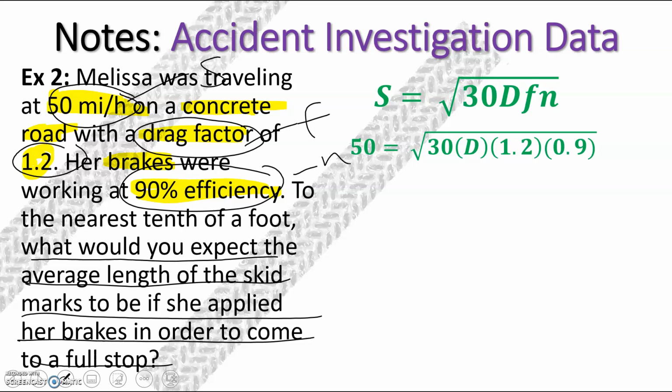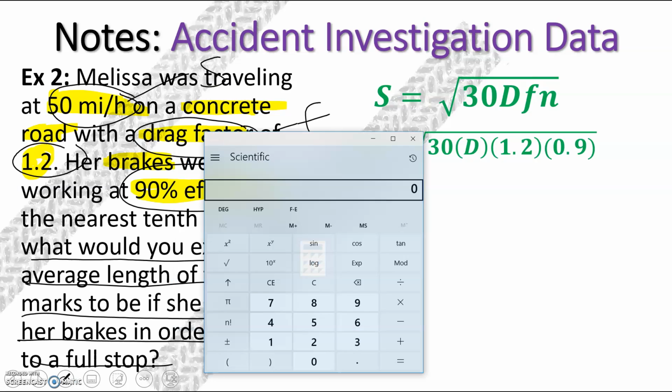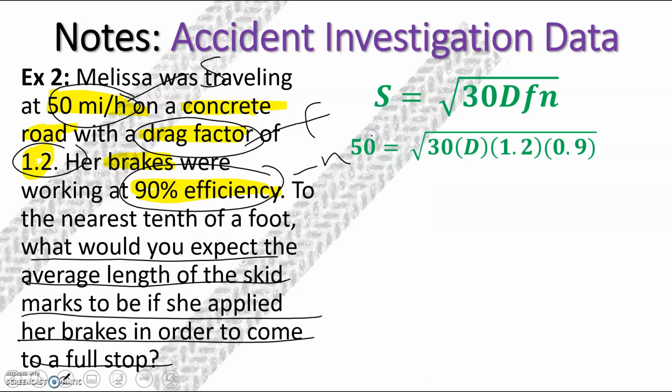The first thing we're going to do is simplify the part under the radical sign. So simplify the radicand. We're going to multiply 30, 1.2, and 0.9, and we get 32.4 under the radical sign. So 50 is equal to the square root of 32.4D.